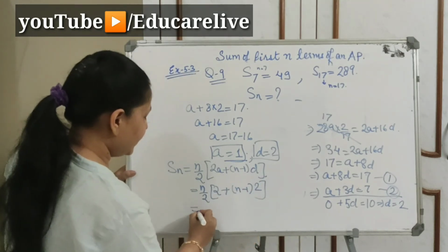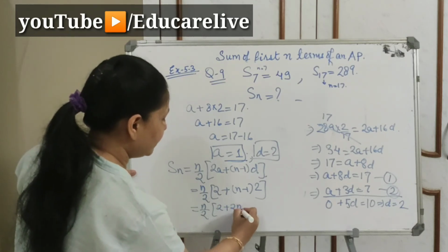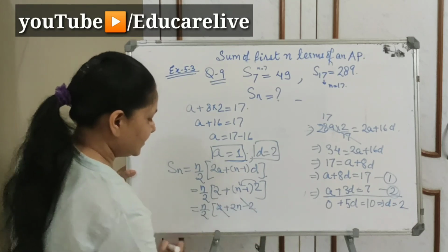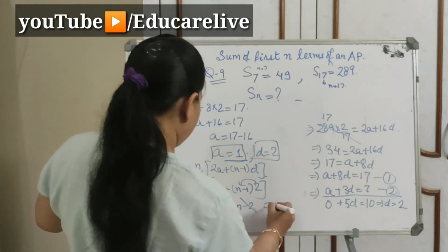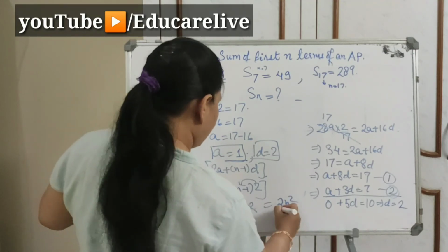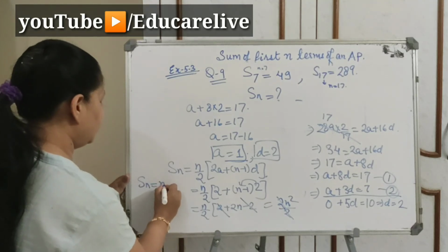If I simplify this further, in the inner bracket, 2 plus 2n minus 2, multiplying 2 here, so the answer will be 2n square upon 2. 2 and 2 get cancelled, so the sum of n terms will be equal to n square.